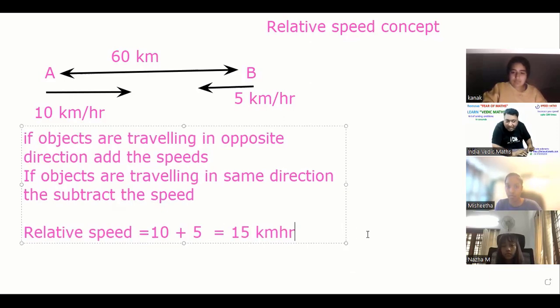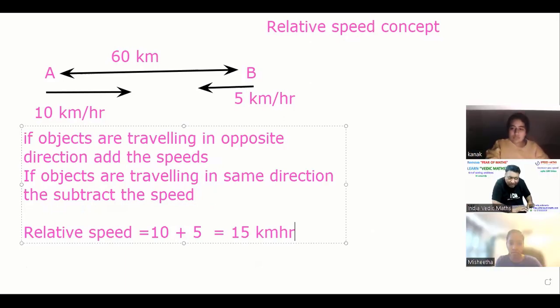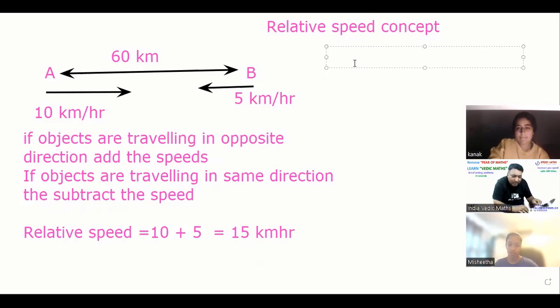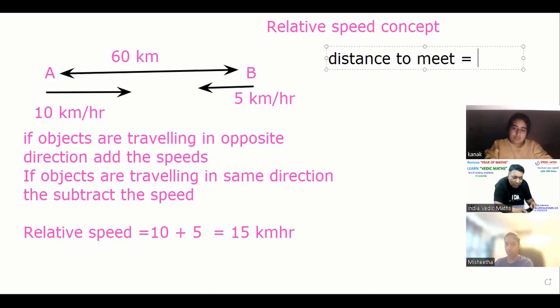Now how much is the distance, Kanak? 60 km. I have given 60 km. So the distance to meet is 60 km, and the reduced speed is 15 km per hour.